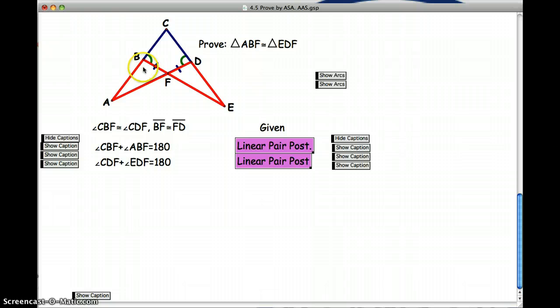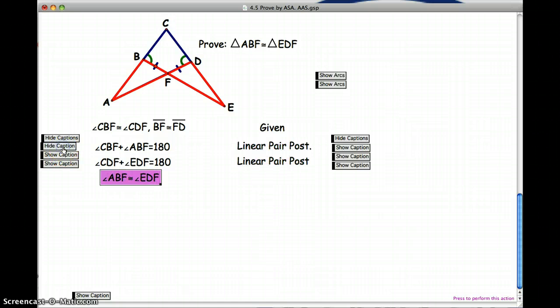So if these are a linear pair, and essentially, let's say this is 30, this is going to have to be 150, right? Well, if this is 30, that means this is 30, which means this has to be 150. So now can you say that angle ABF is congruent to angle EDF? Yeah.